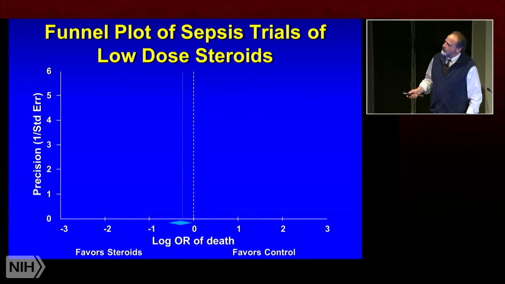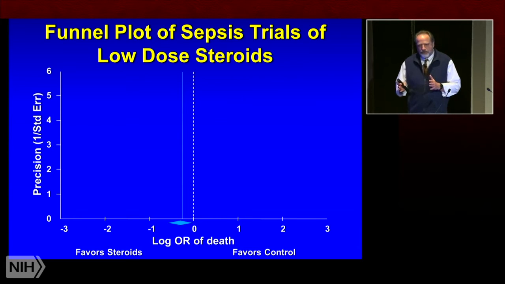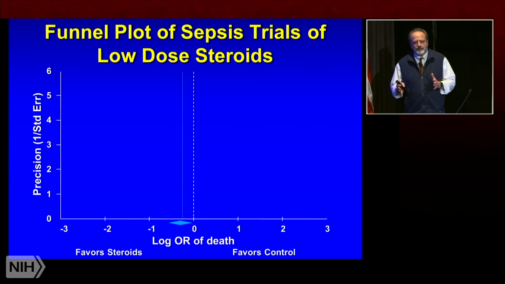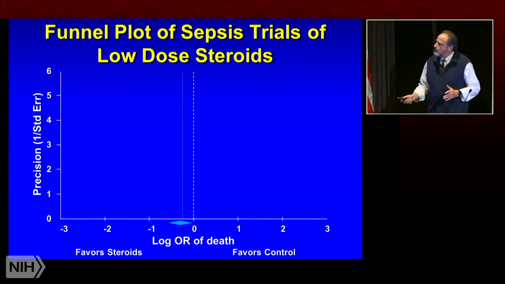So this says that steroids in this meta-analysis of these lower doses was beneficial, and here's the treatment effect. And there is a small beneficial effect on survival. So basically, what you're going to look at is what's the distribution of the studies around this effect size, because they should be equally distributed on both sides of this effect size.